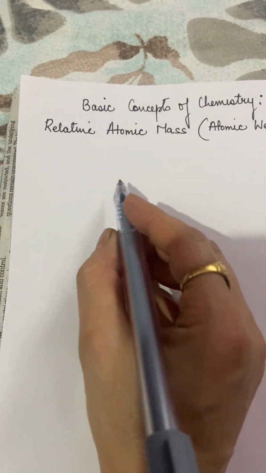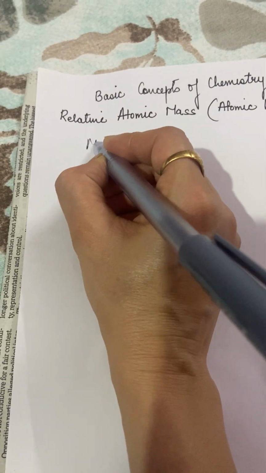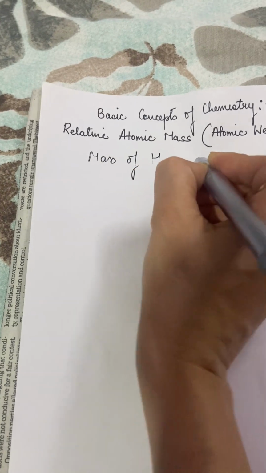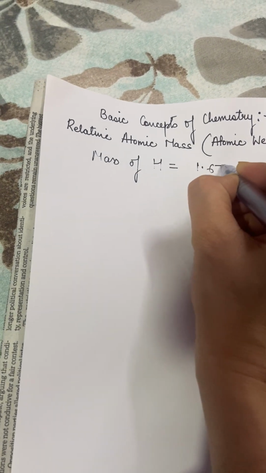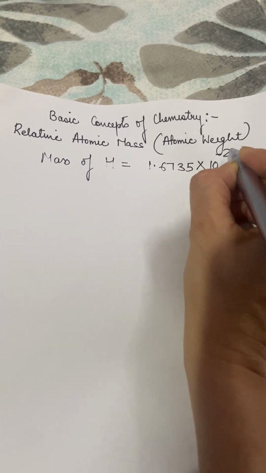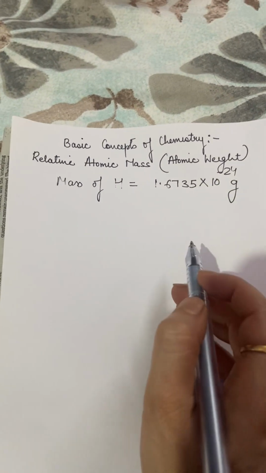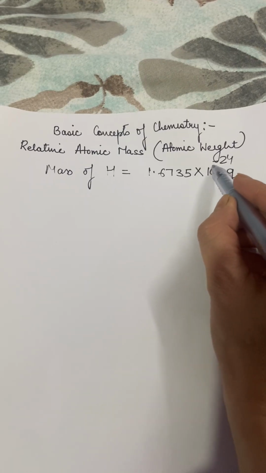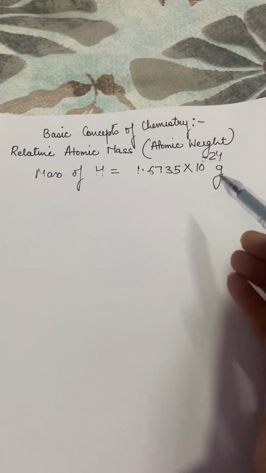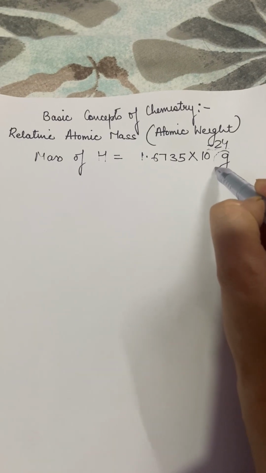So if I take the mass of hydrogen, the mass of hydrogen is 1.6735 into 10 raised to the power minus 24 grams. Right. You can see it is 10 raised to the power minus 24 grams. So, I cannot put the unit gram.